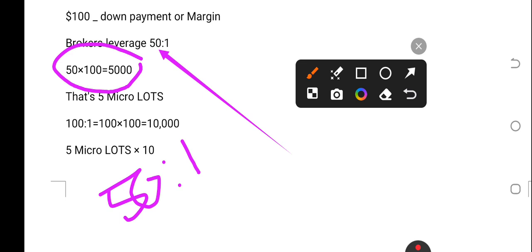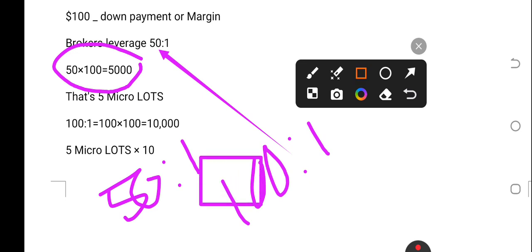Okay. Now let's say the broker is giving you a leverage of 100:1. That means they are willing to multiply any amount you are putting in as your margin or as your down payment by 100.